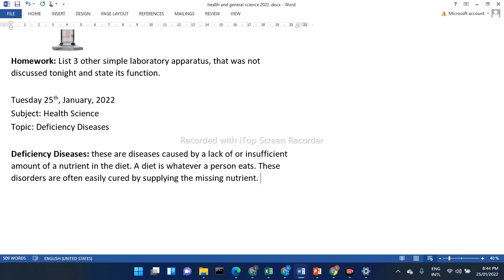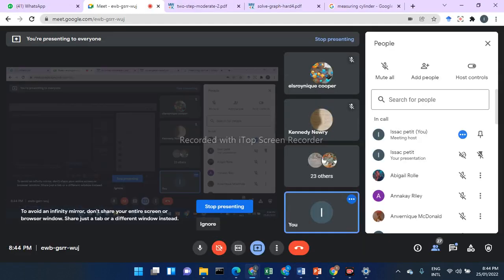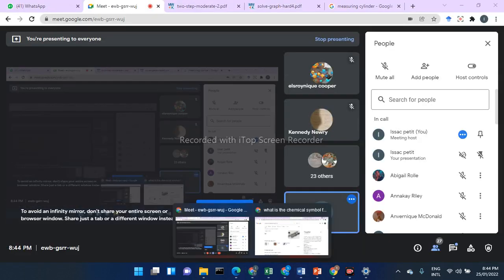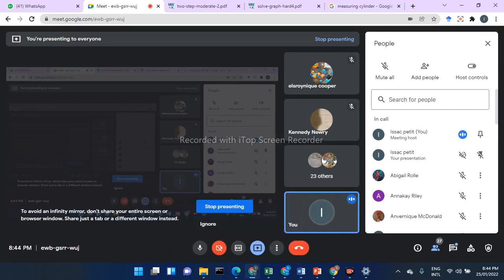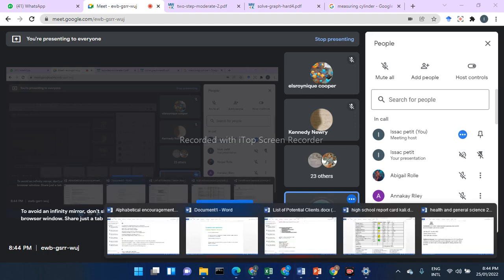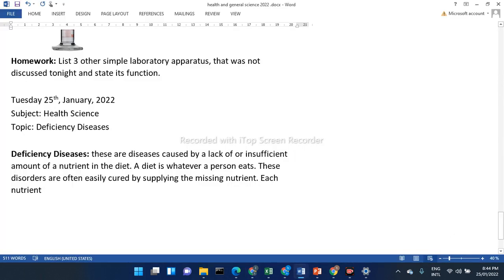It's very important to know that each type of nutrient, all of them, are important.